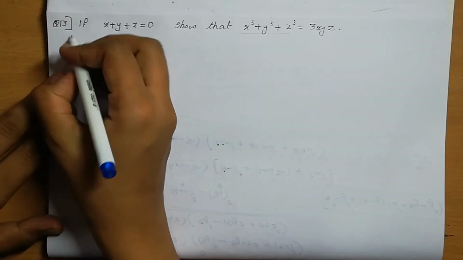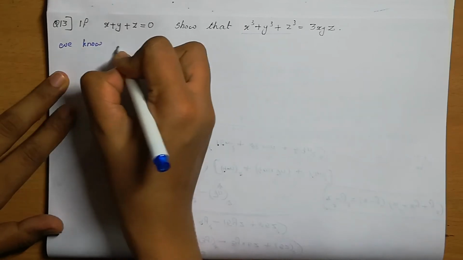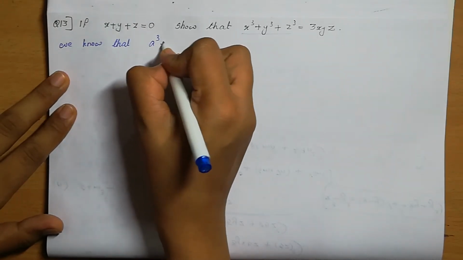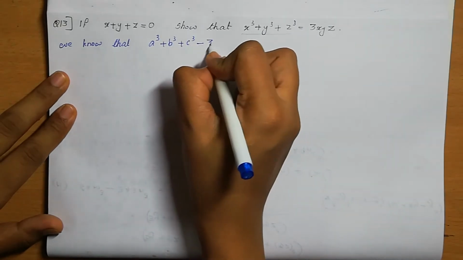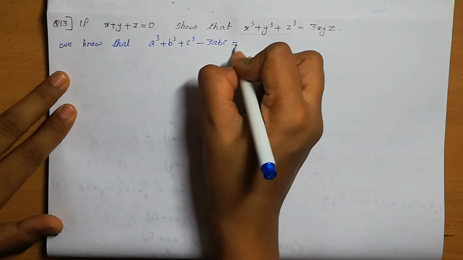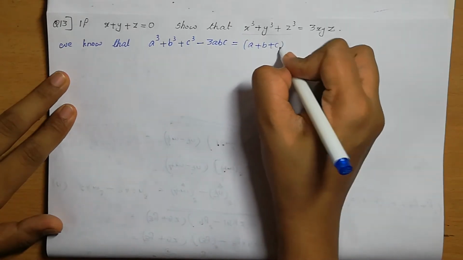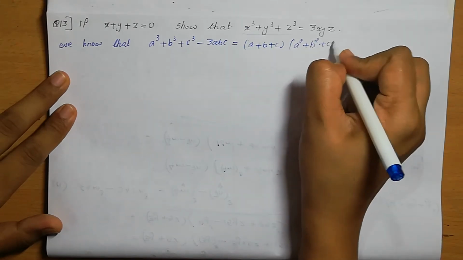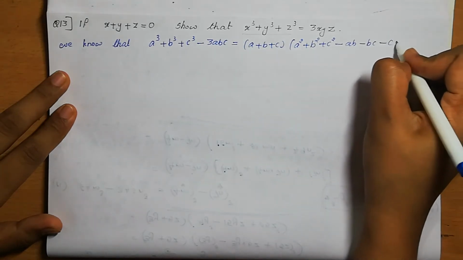So we should write, we know that a cube plus b cube plus c cube minus 3abc equals a plus b plus c into a square plus b square plus c square minus ab minus bc minus ca.